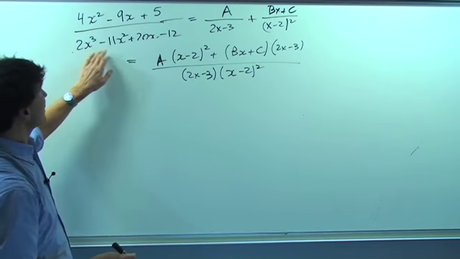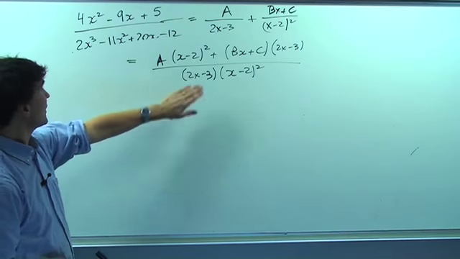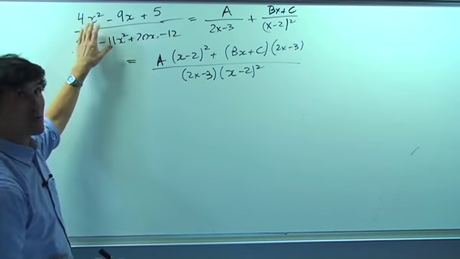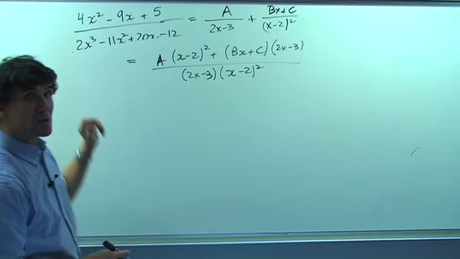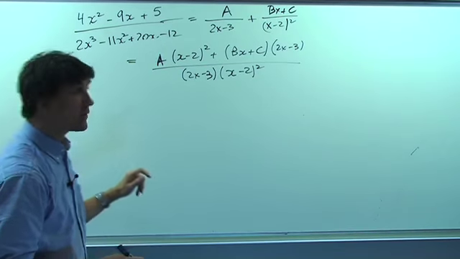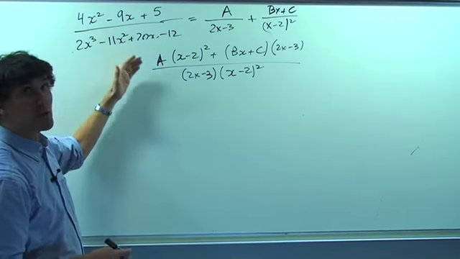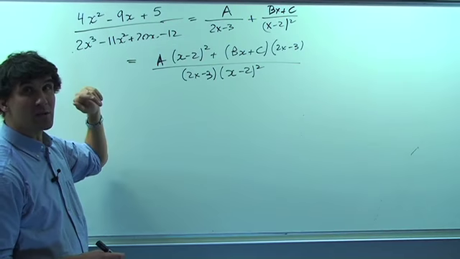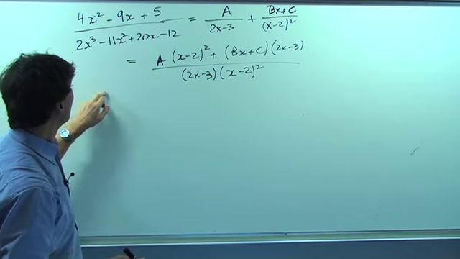The denominators are the same. That's how we got this here. So the numerators also have to be the same. And not just the same, they have to be identical for all values of x. That means the coefficients of x squared, x, and the constant have to be the same on both sides.